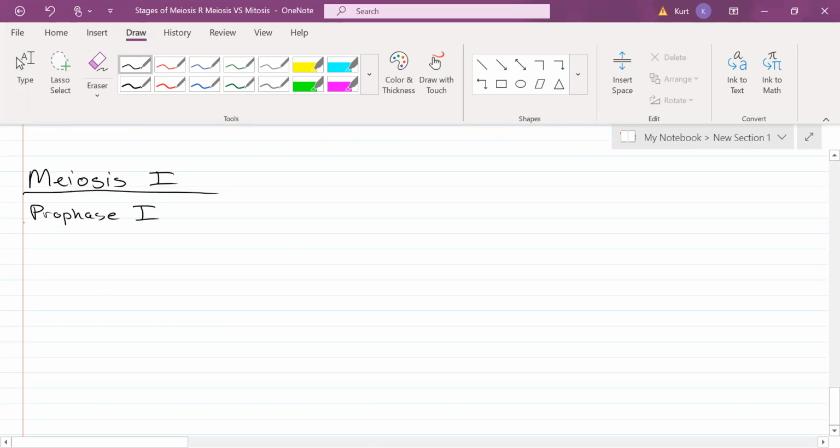Prophase 1. You have your parent cell. Nucleus is eroding. Spindle is starting to assemble.